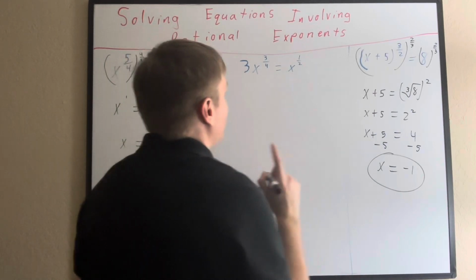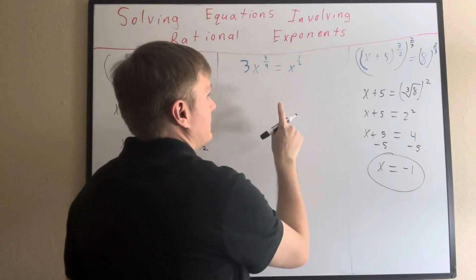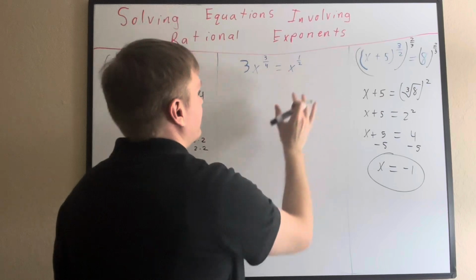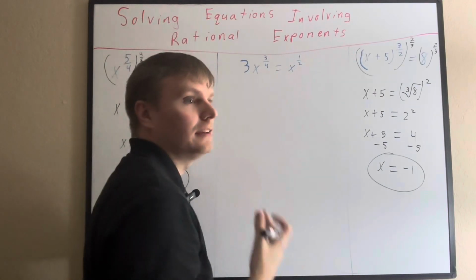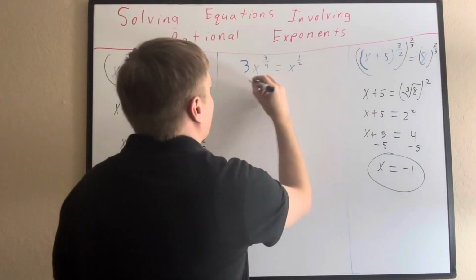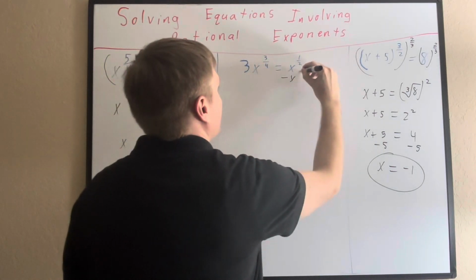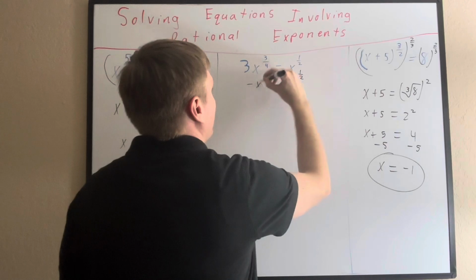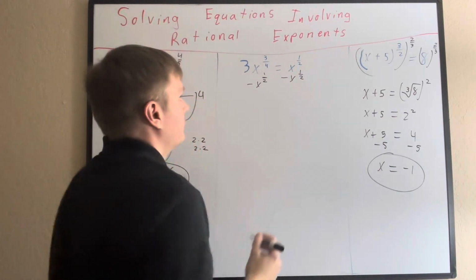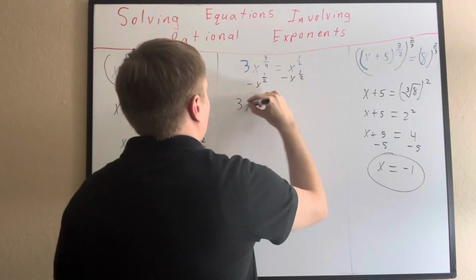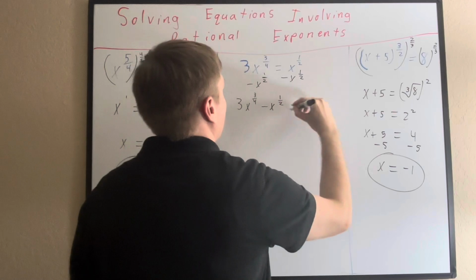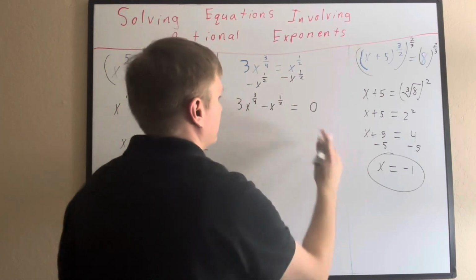So what we do in this case is get everything over to one side and set it equal to 0. This is kind of like a quadratic equation. So we're going to subtract x to the 1/2 from both sides. All right: 3x to the 3/4 minus x to the 1/2 equals 0.